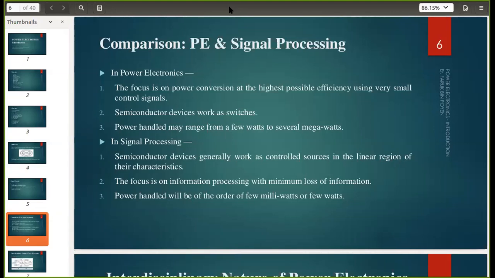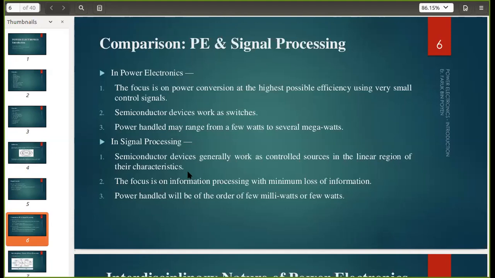The signals are processed. Therefore, here the semiconductor devices generally work as a controlled source in a linear region of their characteristics, because there are huge characteristics available with respect to different types of electronic devices. Your diode has VI characteristics, right?